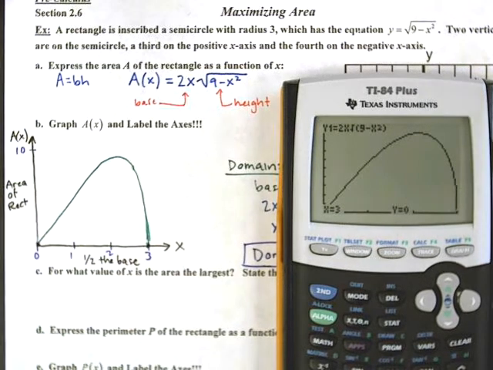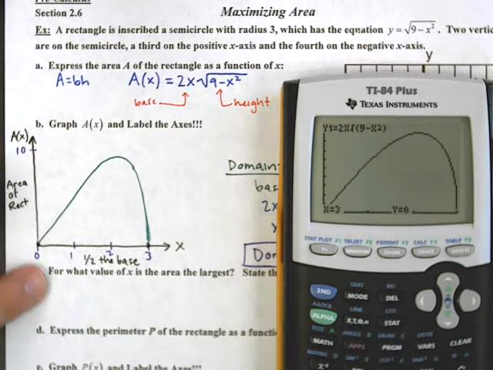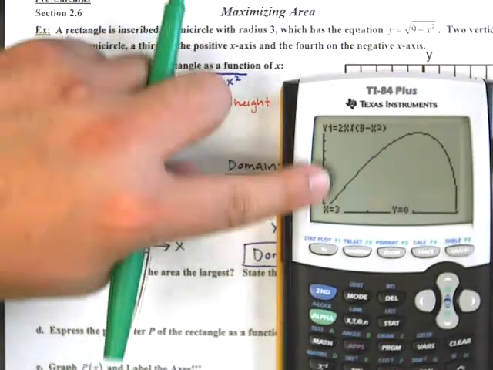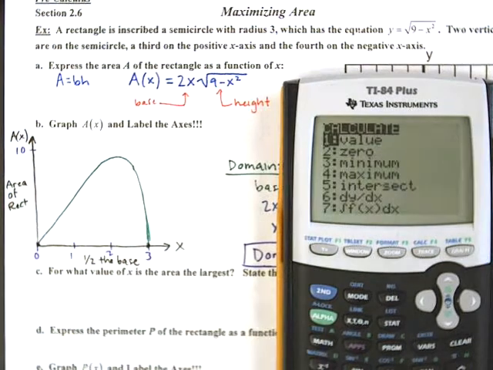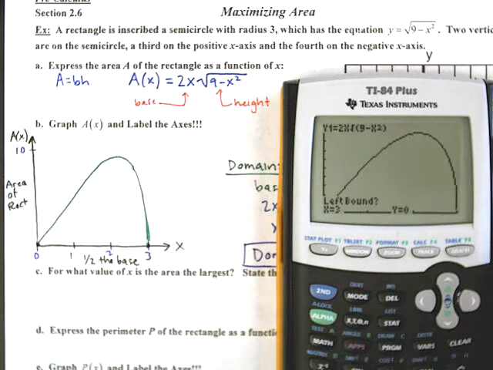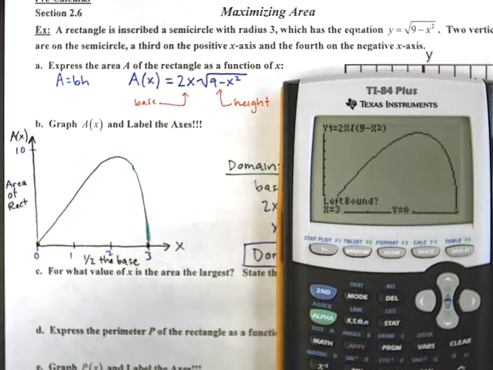So now what do we have to do? Well, we need to get the largest area, and we know the largest area is the largest y value, in this case the largest A of x value. So we go to our second calculate menu, we use the maximum feature. It says to go left bound. One thing I also want you to understand is that you don't always have to click over.